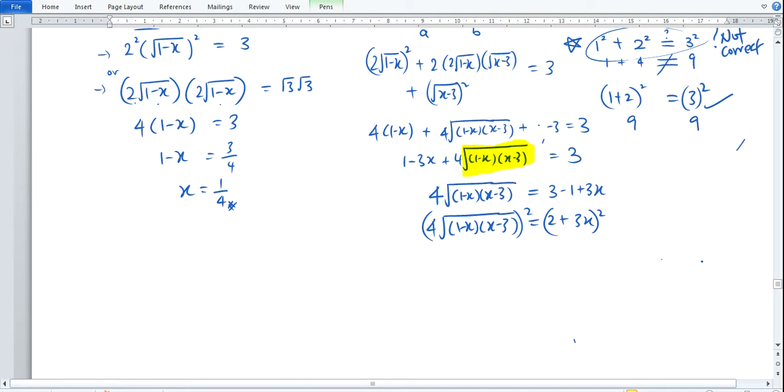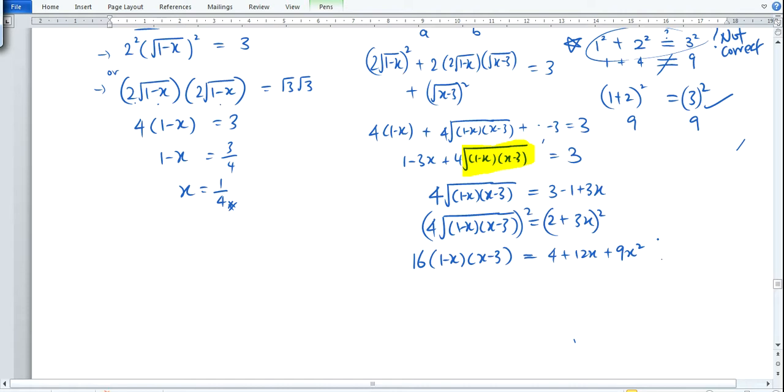So if I square both sides again, 4 squared is 16, and then I basically removed the square root. And over here I will have 4 plus 12x plus 9x squared.